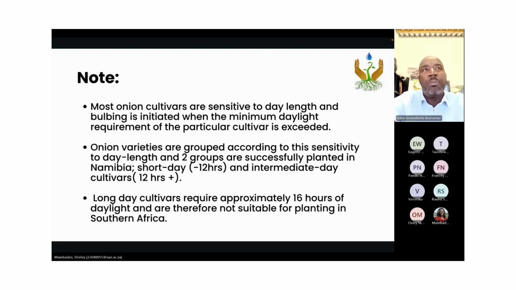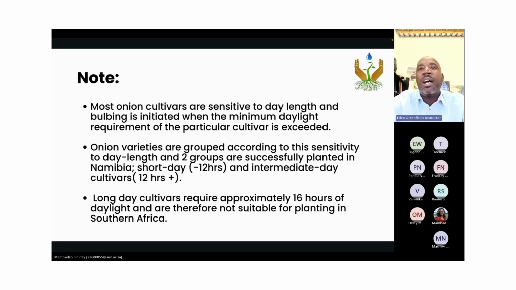Our onion varieties are mostly grouped into groups. We have the short day, which means a maximum of 12 hours. And then we have the intermediate, which mostly favors 12 hours and more. And then we have the long day cultivars.